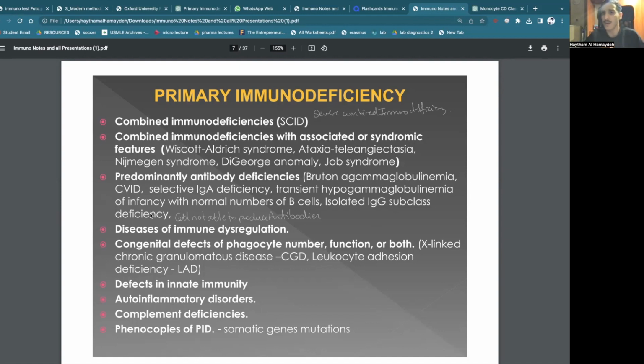Just memorize those 5, and they lie within the antibody immunodeficiency of PID. And these ones make up the most common part of PID, 50%, as mentioned above.